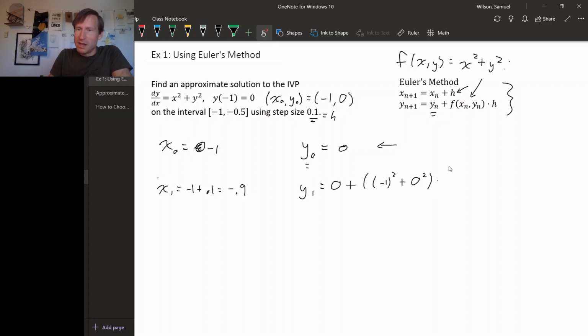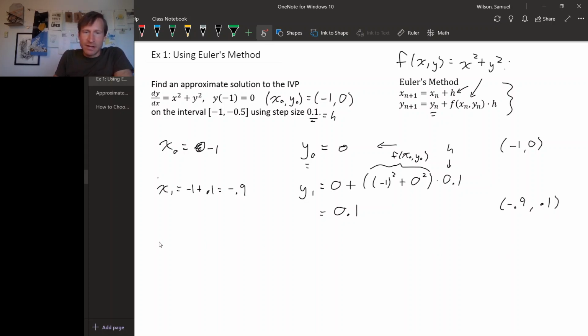And then we have to multiply that by h, which is 0.1. So this part right here is f of x sub 0, comma y sub 0. Okay, now we have some arithmetic to do. This whole mess is just 0.1. So our initial point was minus 1 comma 0. Our next point is minus 0.9 comma 0.1.